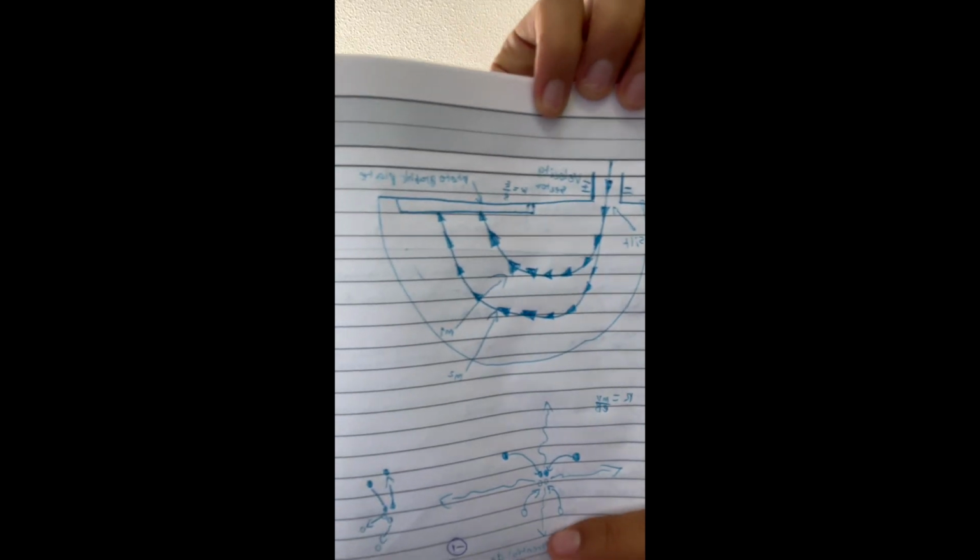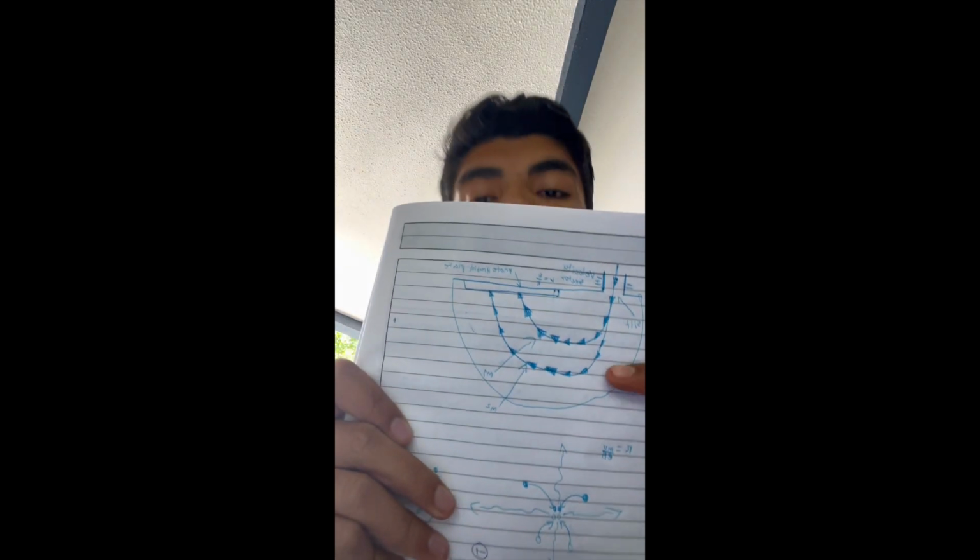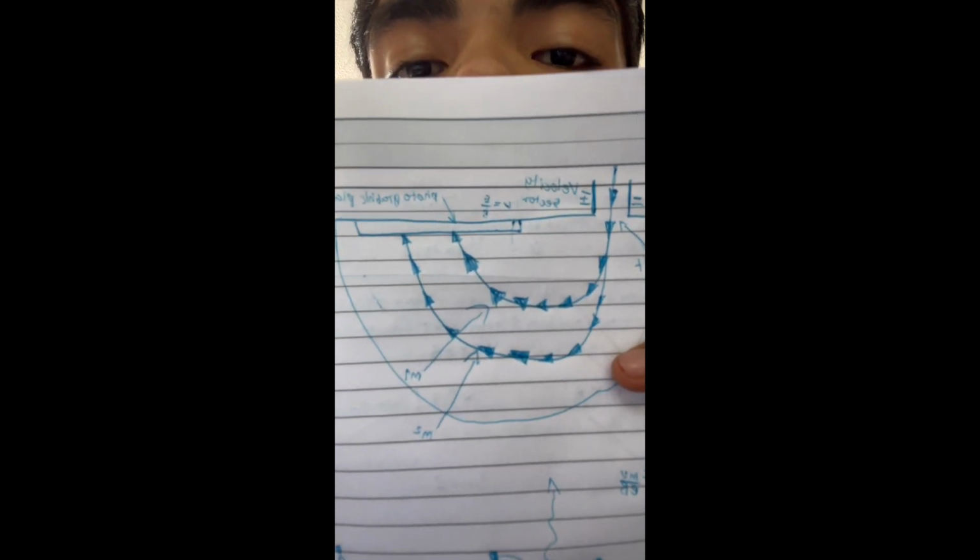And over here we have some images where we can see the velocity selector and the photographic plate, in which it has a curvature, as you can see. And the equation is r equals mv over qB, and E equals mc squared.